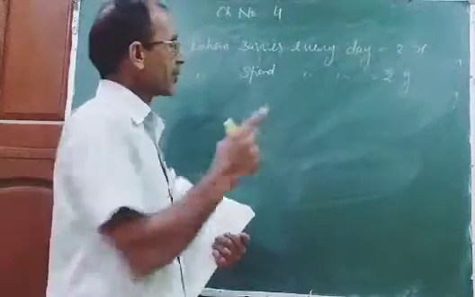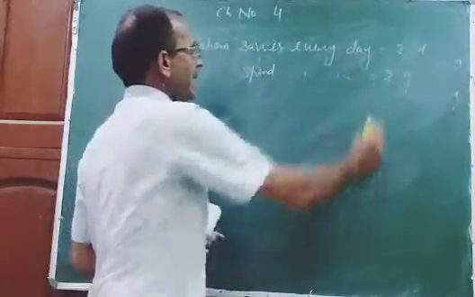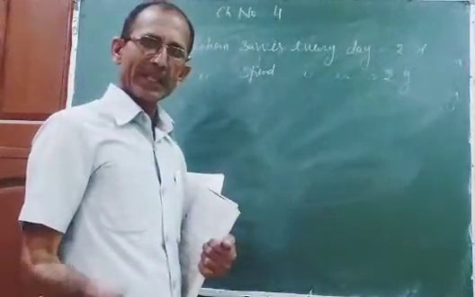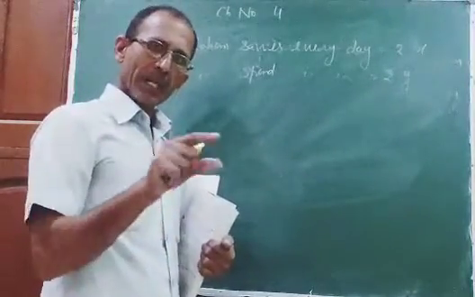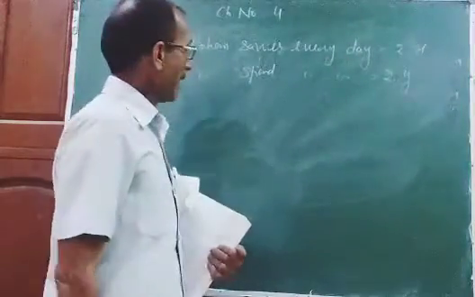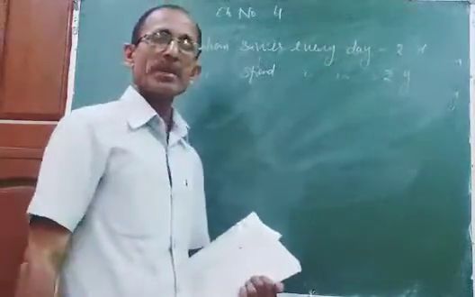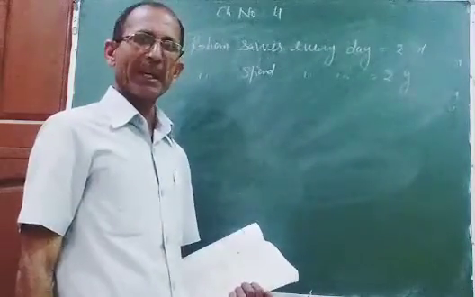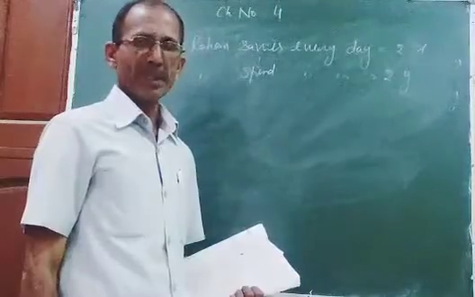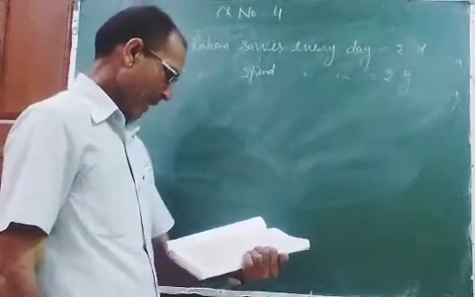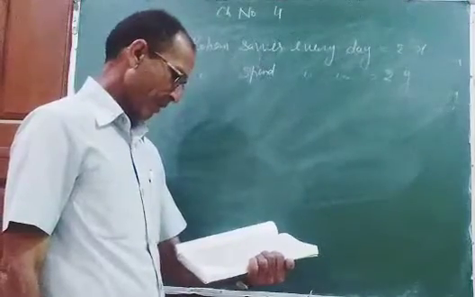21. So in 1 day he saves rupees x, so in 21 days he will save, multiply by 21, it means 21x. Every day he spends rupees y, so in 21 days how much will he spend? 21y.